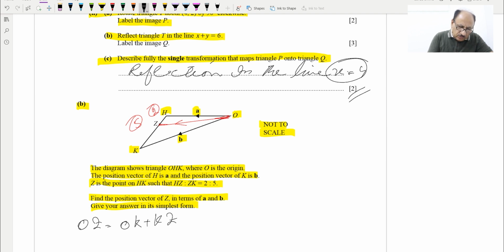OK is b, and this will be plus KZ. First we need to find KH basically.